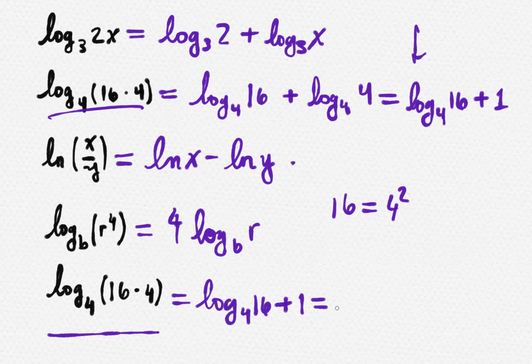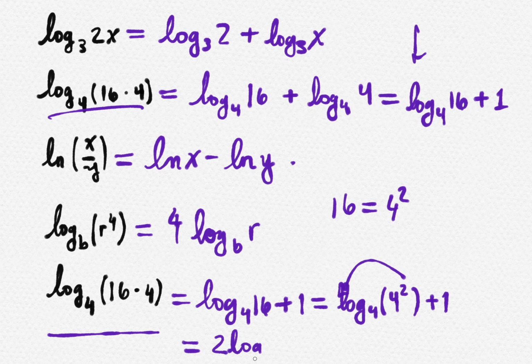So we can write this as log base 4 of 4 squared plus 1. Okay, so now we're going to use the power rule on this, and that's going to be 2 times the base 4 log of 4 plus 1. And of course, the base 4 log of 4, as we showed before, is just equal to 1. So this is 2 times 1 plus 1, or in other words, 3.